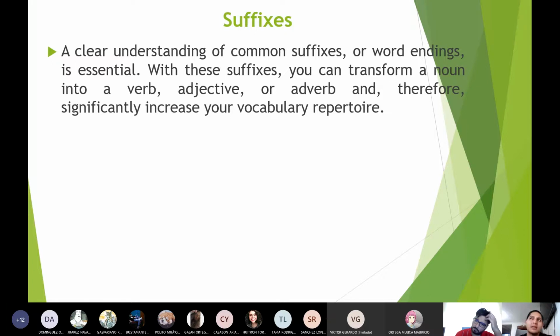The thing is that when you can transform a noun into a verb or an adjective or into an adverb, well, you actually seem to be able to play with words, to play with language, to use language.